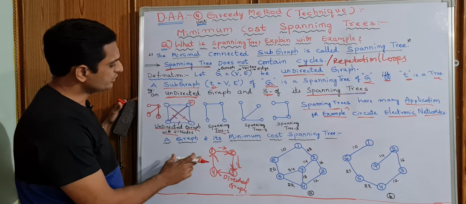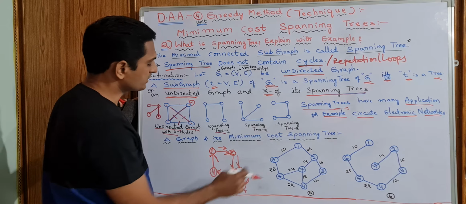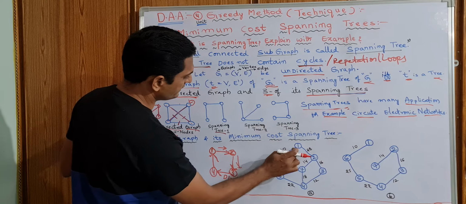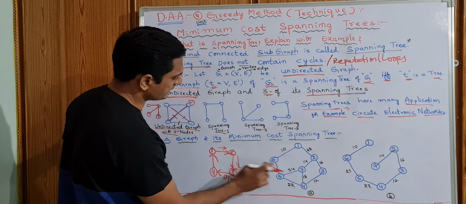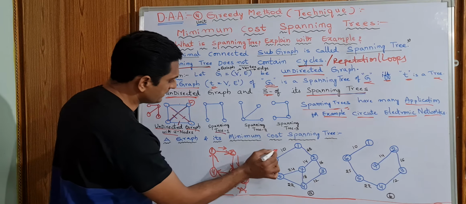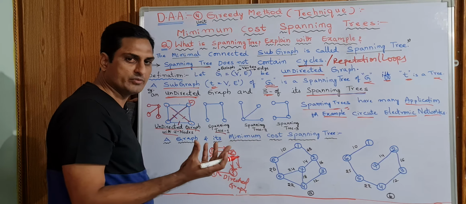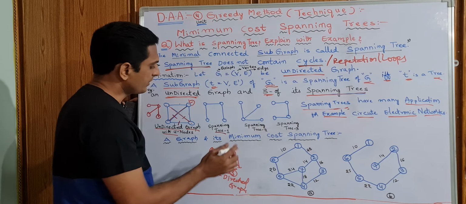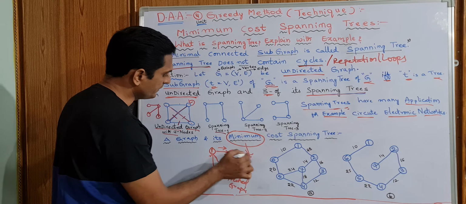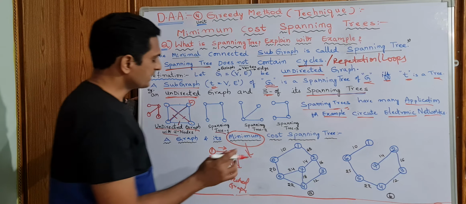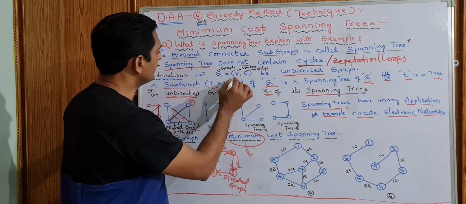Now we are going to draw a minimum cost spanning tree. For example, take 1 as a node or vertex, then 2, 3, 4, 5, 6, 7. Imagine the edge labels are distances, such as 10 meters or kilometers, any units. We start at one vertex.